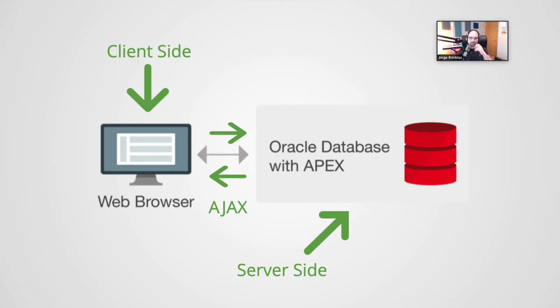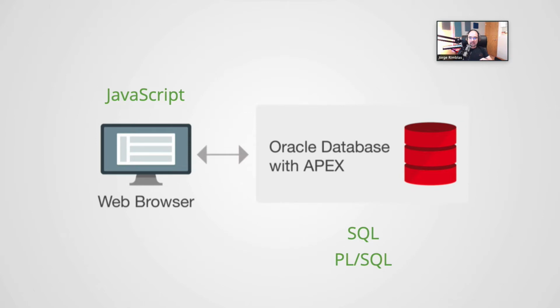It's pretty good. And just a reminder that everything we do in the web browser is the world of JavaScript, but what we're doing in the database is the world of SQL and PL/SQL. So Ajax is a really cool technique that allows us to bridge that gap between the two.